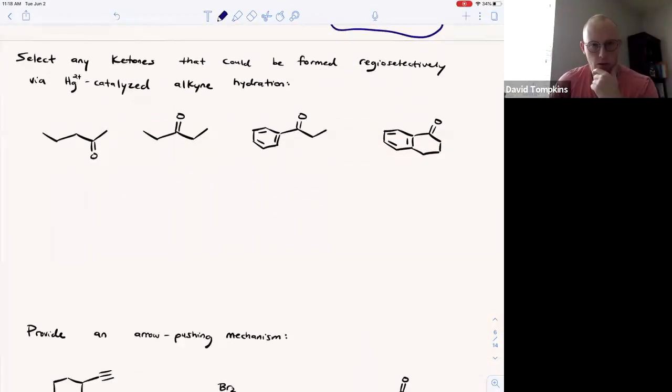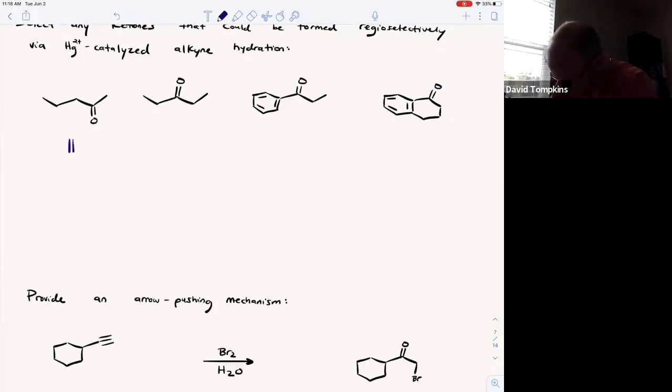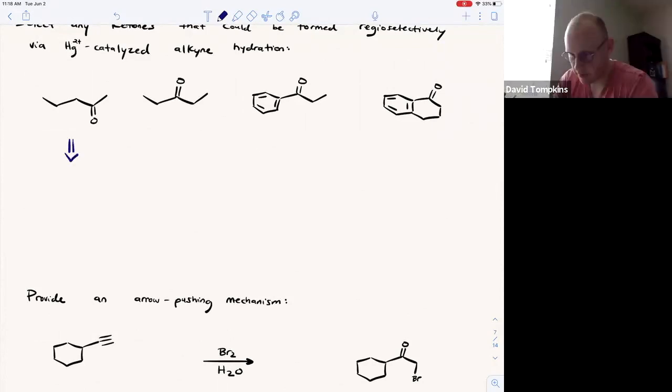Okay, so the next question is asking about regioselectivity. Which of the following ketones could come from regioselective mercury-catalyzed alkyne hydration? The first thing you should do to think about whether or not it would have been regioselective is go back and draw the possible enols.